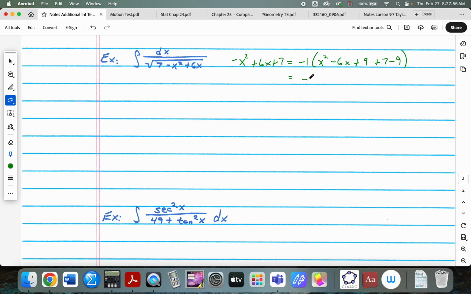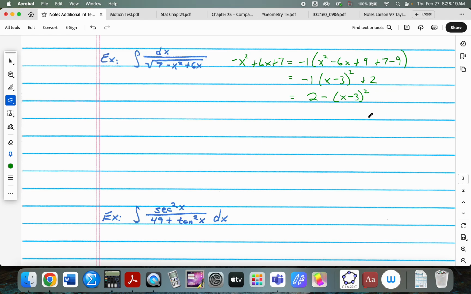So this is going to be -1 times x minus 3 squared, and that's a -2 times the -1 is +2. So this is 2 minus x minus 3 quantity squared.